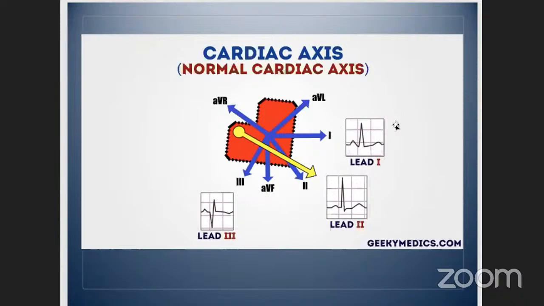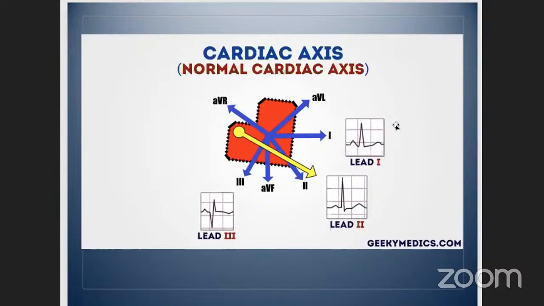So the easiest way to determine if the axis is normal or not is I show a thumbs up with my left hand for lead 1, and then I show a thumbs up with my right hand if the vector is positive in AVF. And so I would have bilateral thumbs up. That's not a clinical term, but it's just the easiest way to interpret the axis.